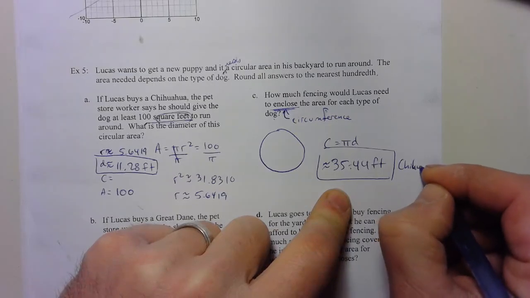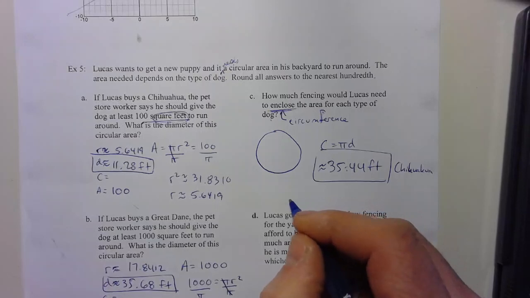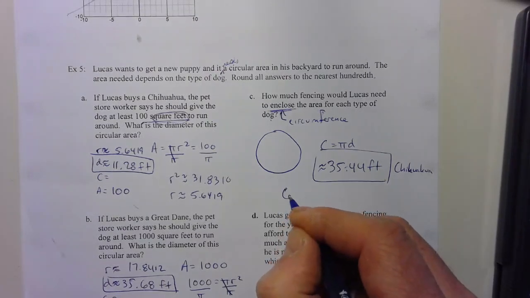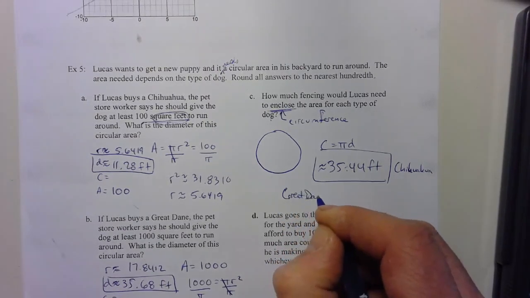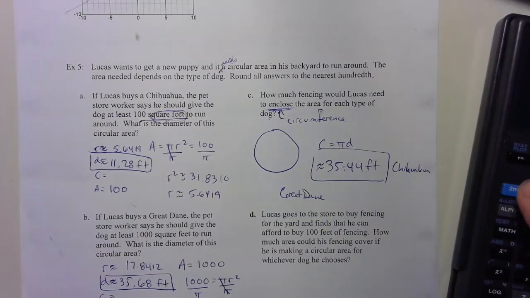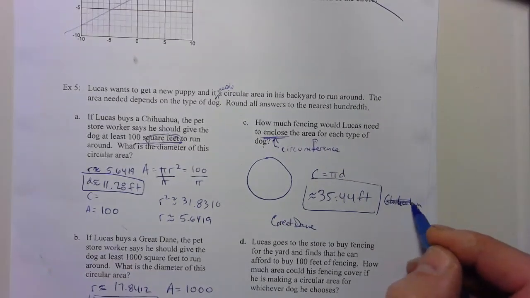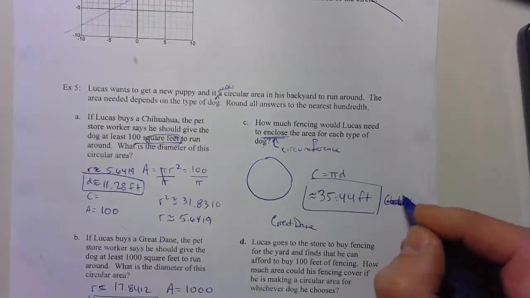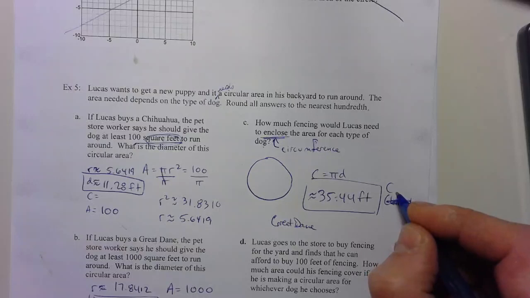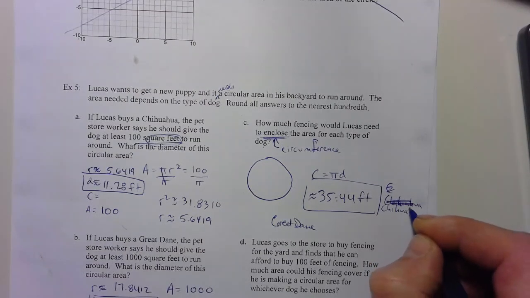If he was crazy and got a small dog, right? If he was thinking, let's get a big dog, because big dogs are big fun, he'd do the same thing: pi times his diameter. Oh, I think that was actually my Chihuahua.